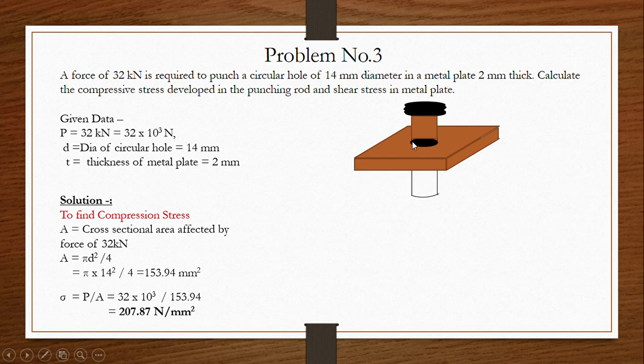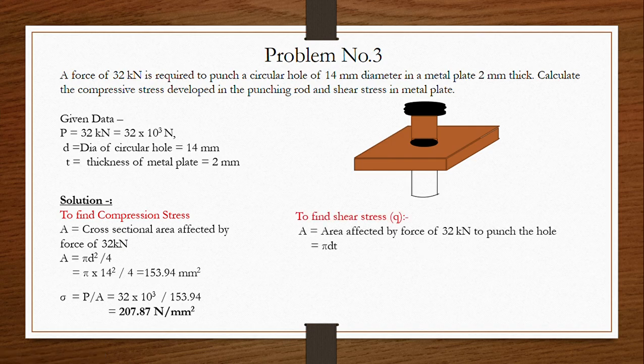As we know the formula, the circumference of circle is pi d. So the area affected is pi d multiplied by the thickness, that is pi d t. Just substitute the value, pi into 14 into 2. So the affected area will be 87.96.